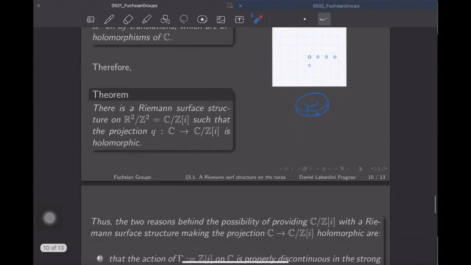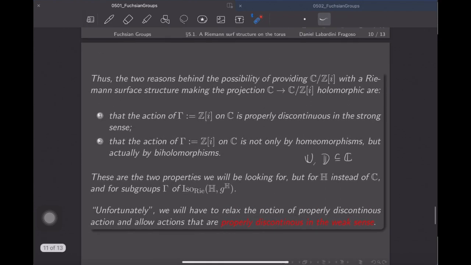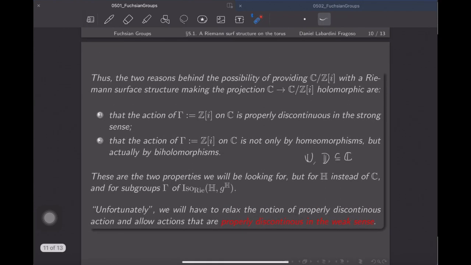And then later on, we are going to speak a little bit about the fact that one can induce Riemann surface structures, and that this is actually going to be the not so hard part, because the transition functions are going to be Mobius transformations, and we know that those are holomorphic.